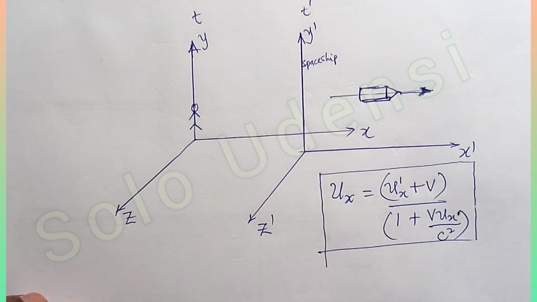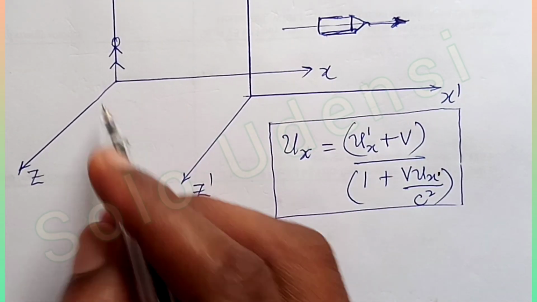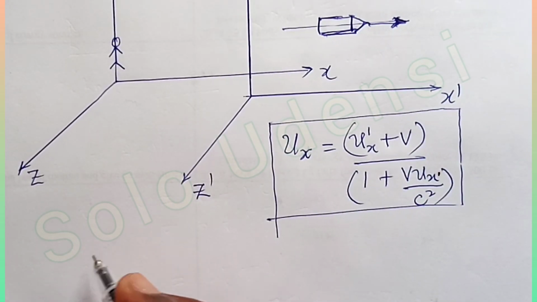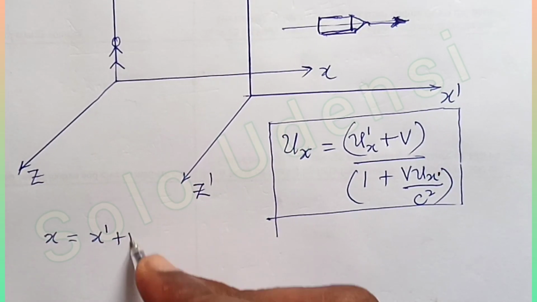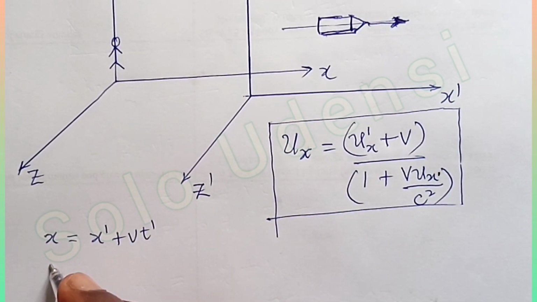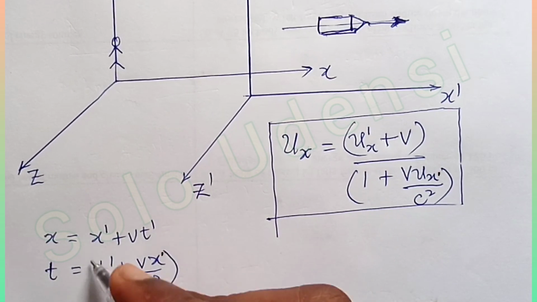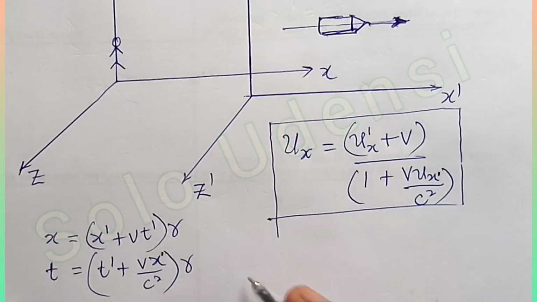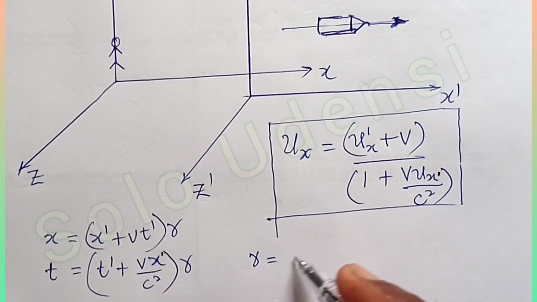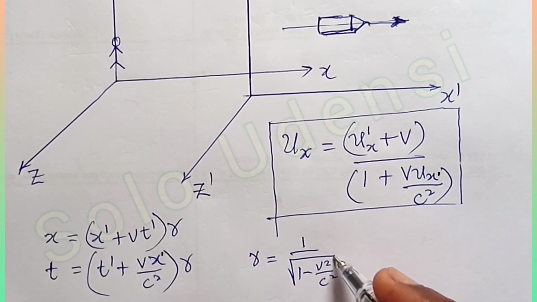You know that in the inverse Lorentz transformation, the coordinate is written as x is equal to gamma times (x prime plus vt prime), and the time is written as t is equal to gamma times (t prime plus vx prime over c squared), where gamma is equal to 1 over square root of 1 minus v squared over c squared.